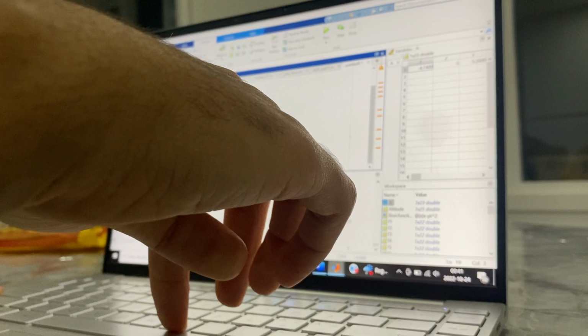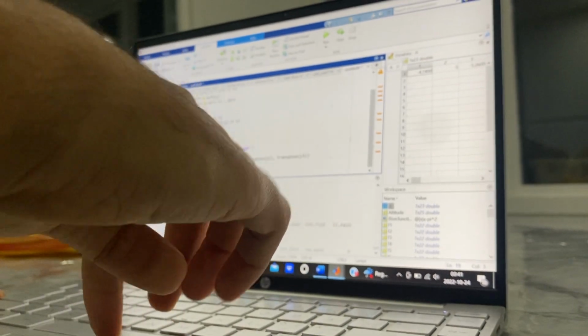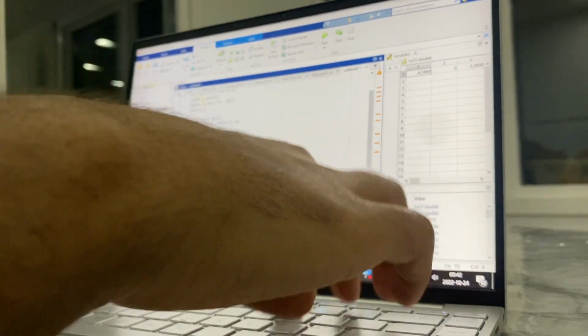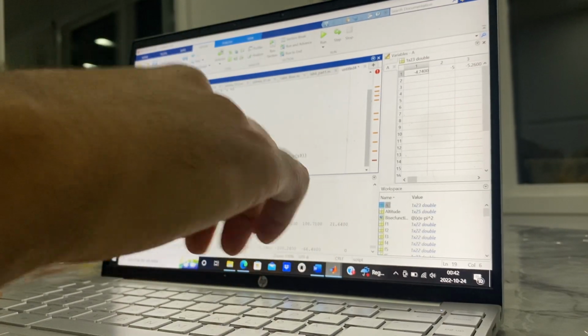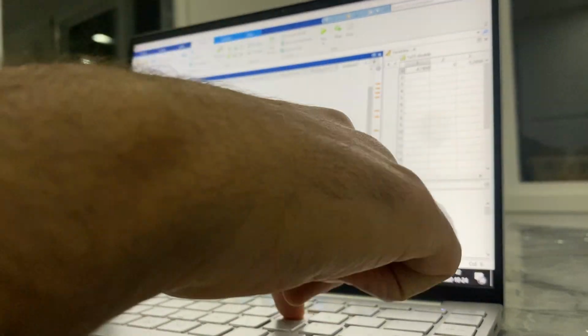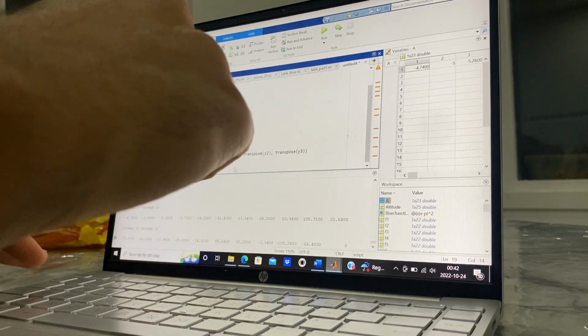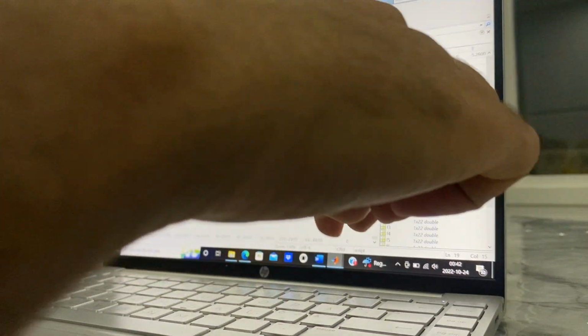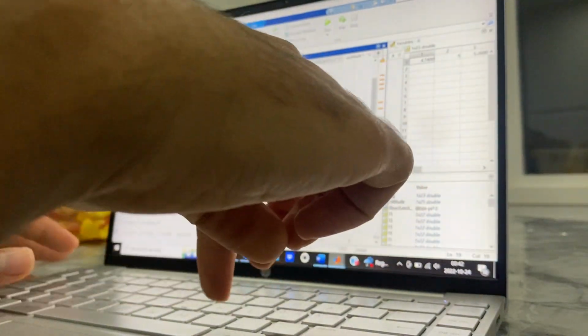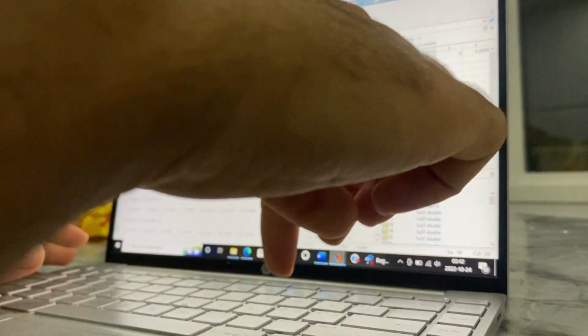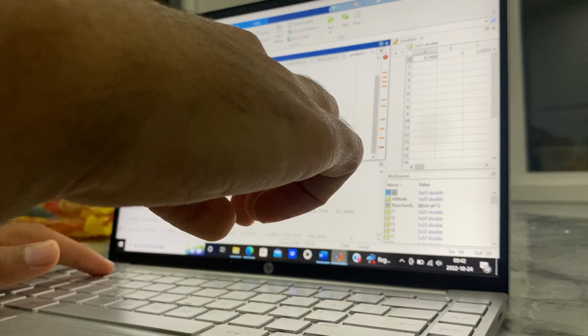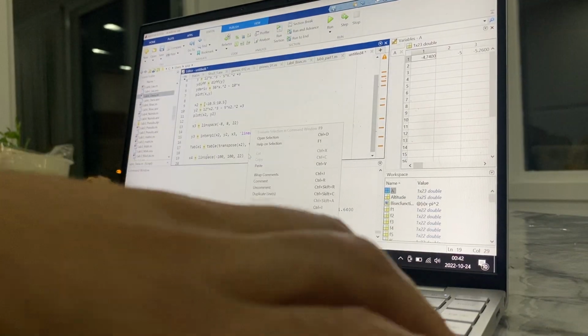So create x values here. I will create x values from minus 100 to 100. Linspace minus 100 to 100 and 22 numbers from minus 100 to 100.